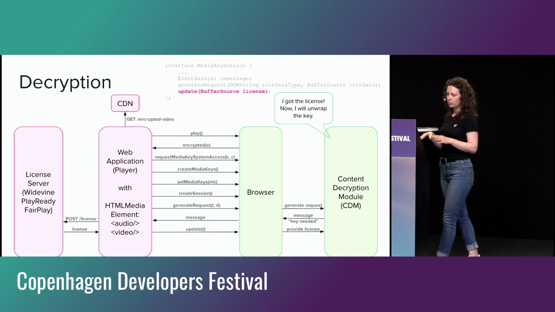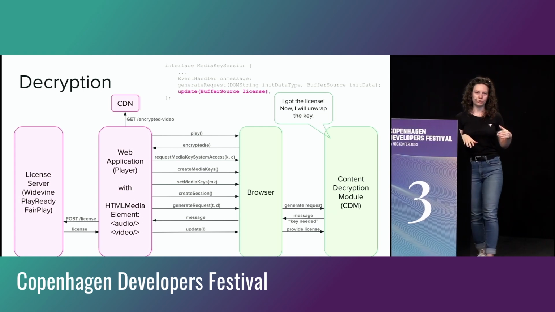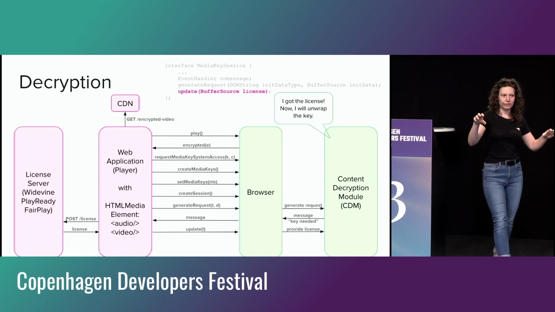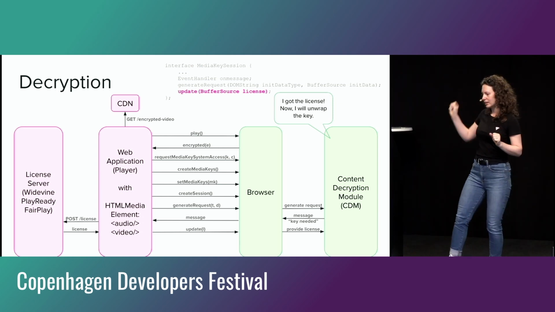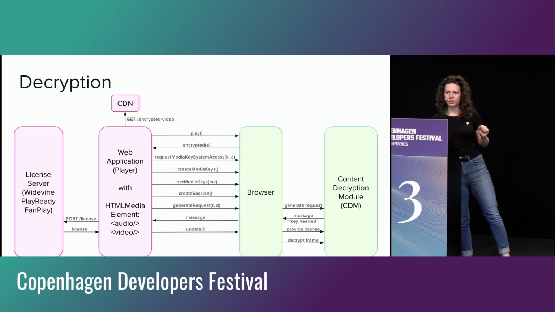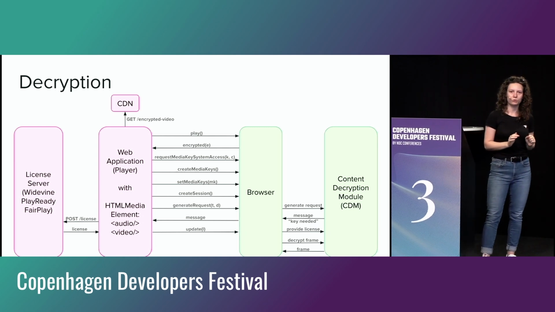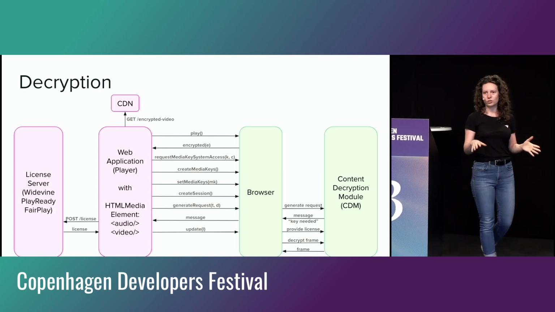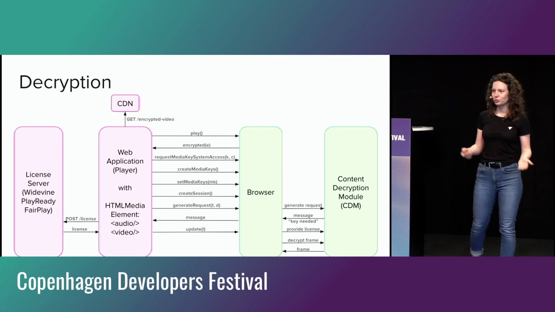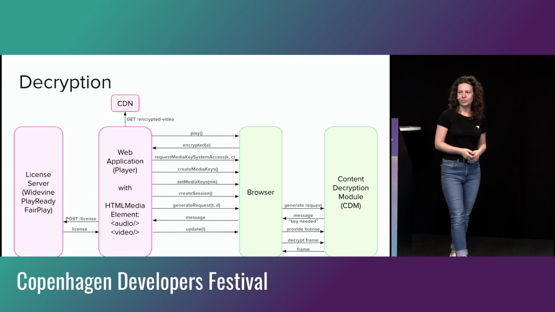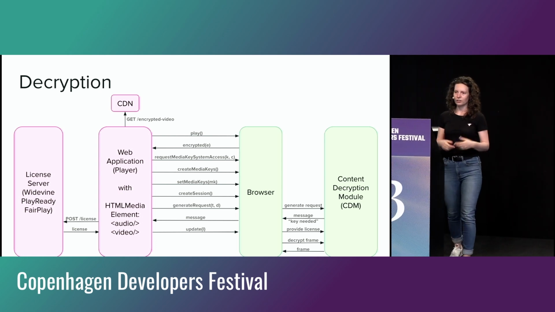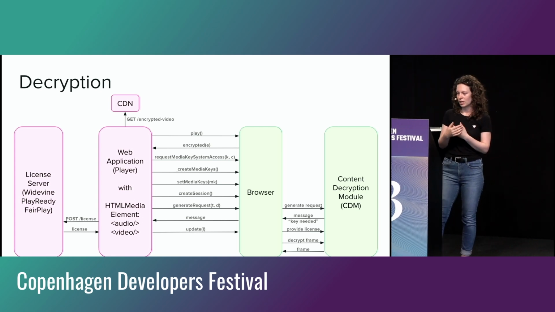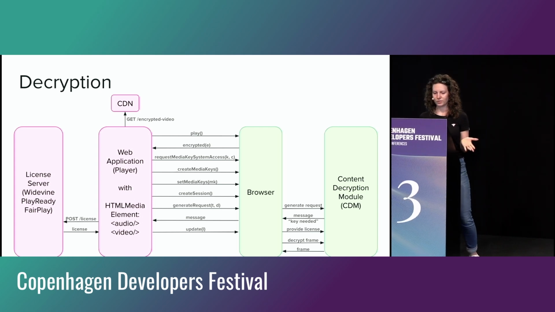And once we have done that, the content decryption module can take the license, unwrap it, take the key, decrypt the content, or rather the frame, and provide the decrypted frame back to the user so that they can enjoy playing video. They can now see the frames and hear the sound. From now on, everything basically works.